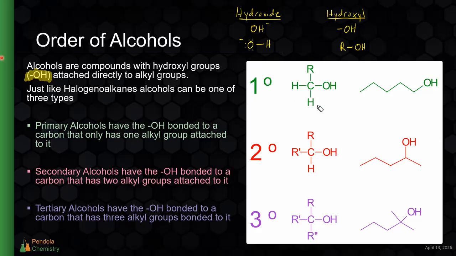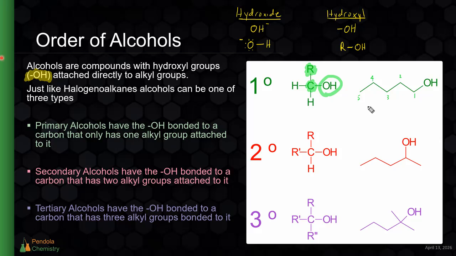We can see how in a primary alcohol, the hydroxyl group, which is right here, will be bonded to a carbon that only has one other carbon bonded to it. The other 2 things that are bonded to that carbon are hydrogens. So this right here is an example of a primary alcohol. Because this is in carbon 1, we have carbons 1, 2, 3, 4, 5.